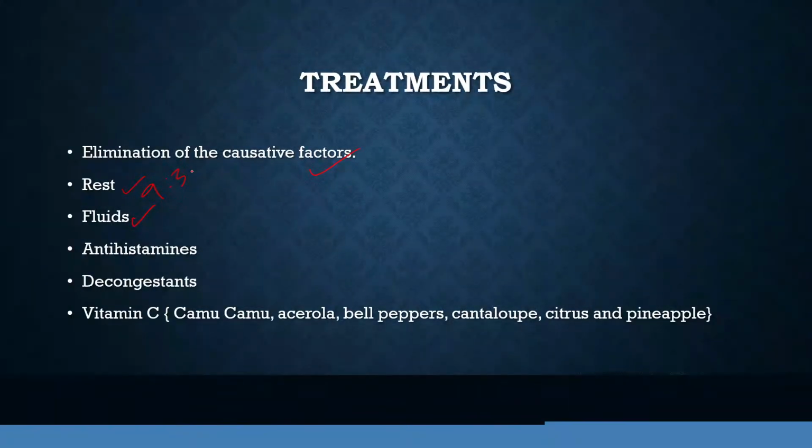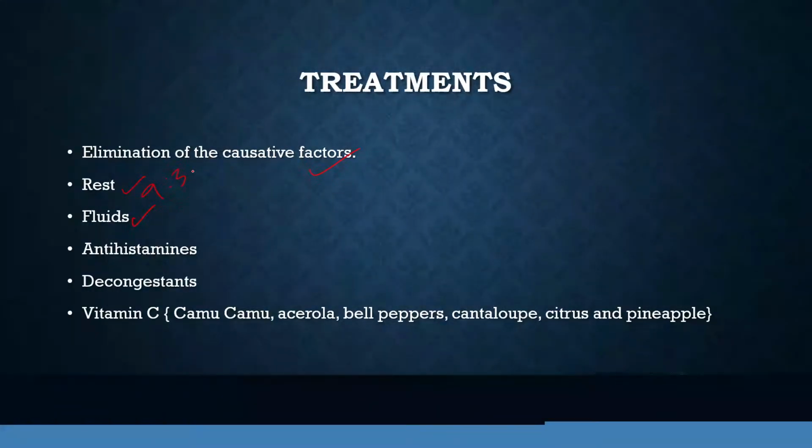Anyone knows what this one is? This one here. Let me use my laser, where the laser is dancing. Anyone who knows this particular remedy? Its name.